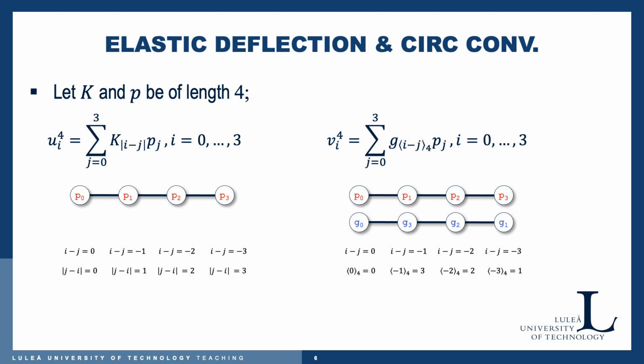Okay, let's compare this. If we now have a convolution v between g and p, and g is now a circular vector here, which we circulate with a modulo 4, then we can clearly see that these two multiplications would be different if we use the same vector for k and g, because we have k0, k1, k2, k3, and in the other case we have g0, g3, g2, and g1.